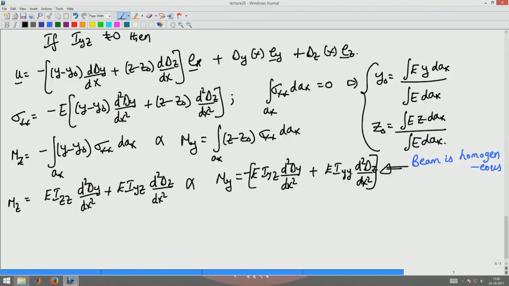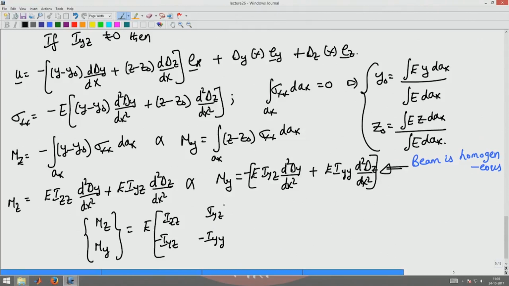Now, to solve this equation I cast it in the following form: Mz, My is equal to E times the matrix Izz, Iyz, minus Iyz, Iyy, into d square delta y by dx square, d square delta z by dx square. Now, I invert this 2 by 2 matrix.